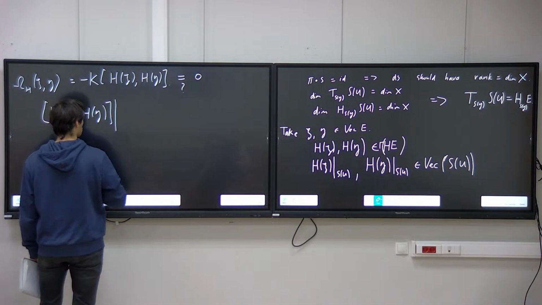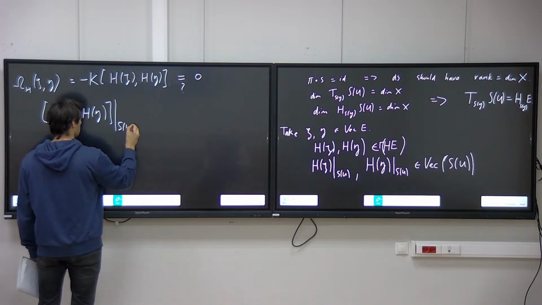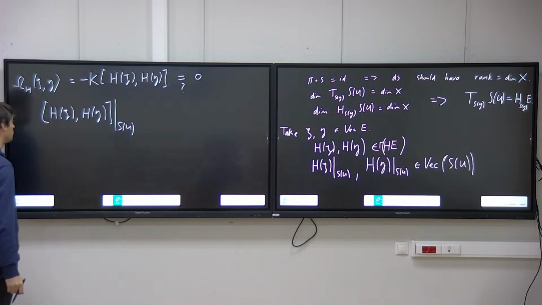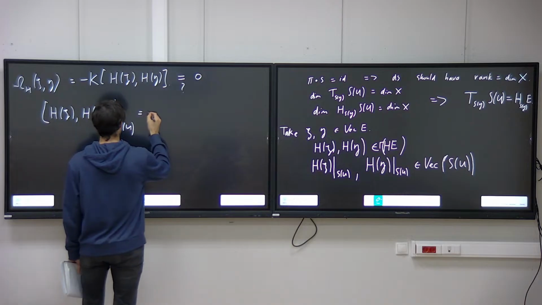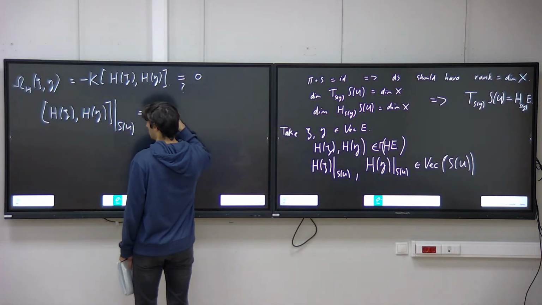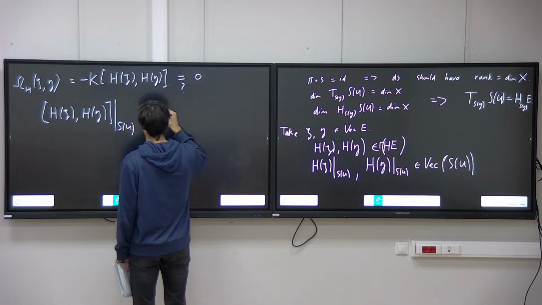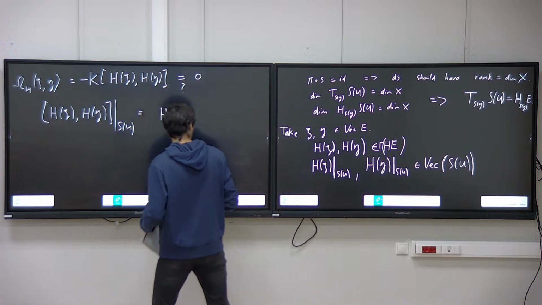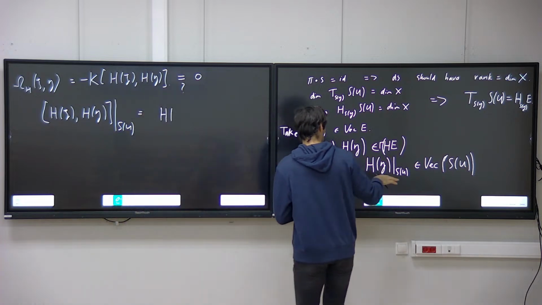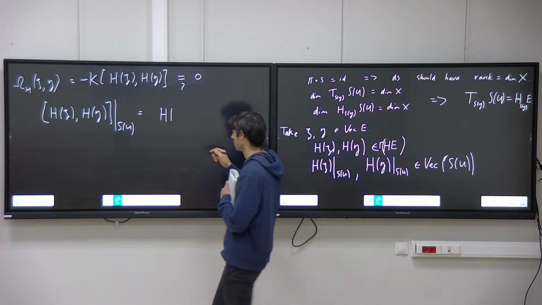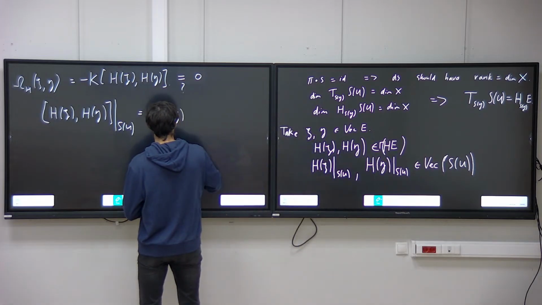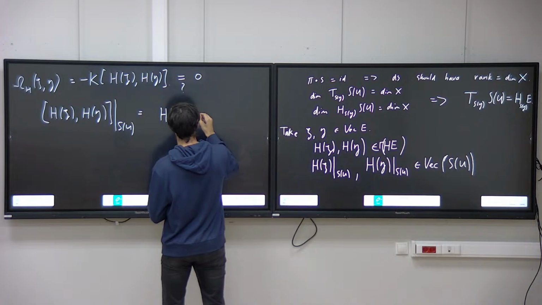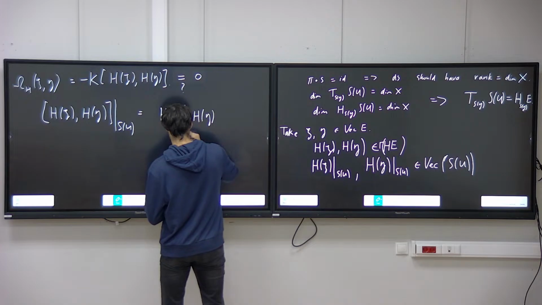So let me restrict it to S of U. But then it can be checked, maybe coordinate-wise, that computing this commutator is the same as computing the corresponding vector fields on S of U: H of psi, H of eta, and so we need to restrict.